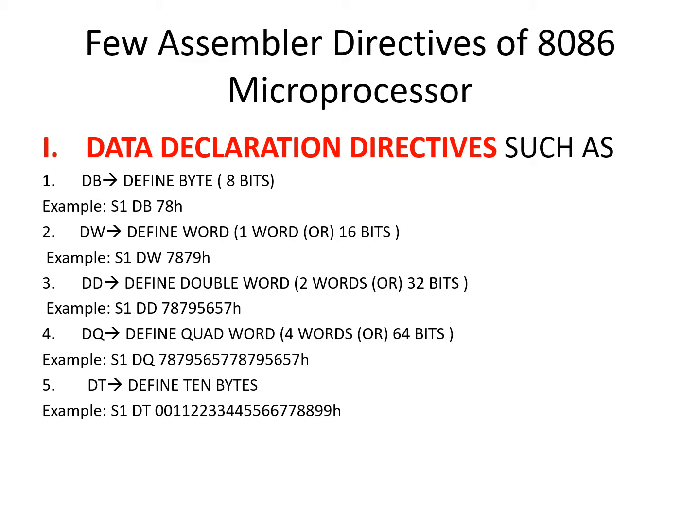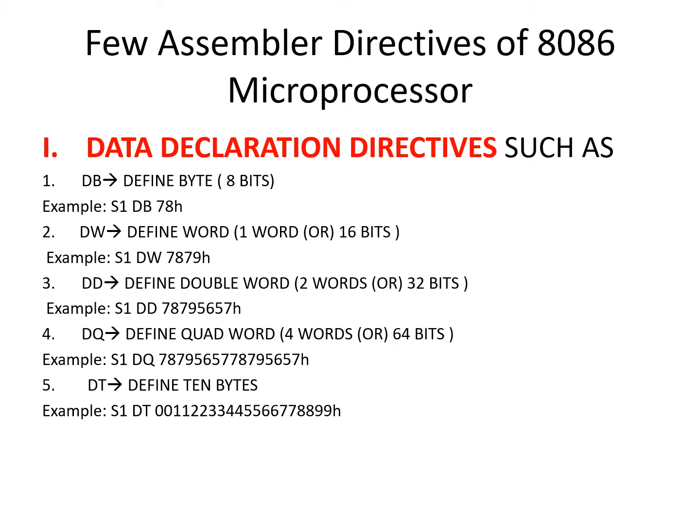Similarly, DQ, defined quad word, is 4 words. And similarly, the fifth example, DT, totally 10 bytes. You can see 00 is 1 byte, and the last example I am talking about is 00, 11, 22 and so on. So 00 is 1 byte, 11 is another byte, 22 is a third byte, 33 is the fourth byte, 44 is the fifth byte, 55 is the sixth byte, 66 the seventh byte, 77 the eighth byte, 88 the ninth byte, and 99 will be the 10th byte.